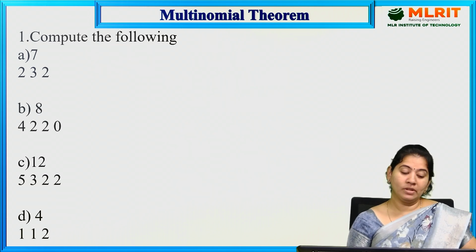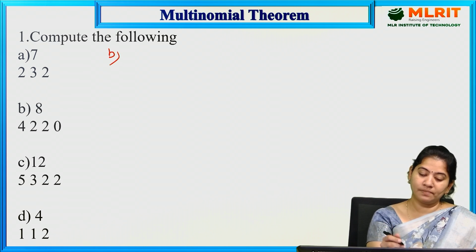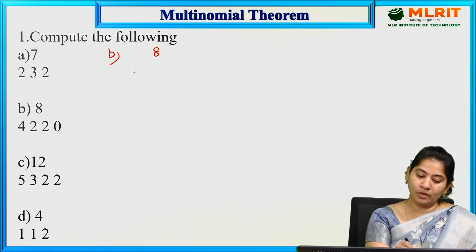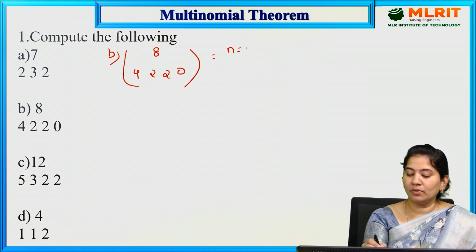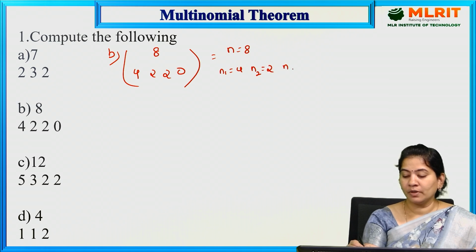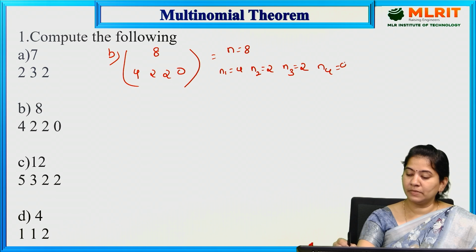Next, if you go to the second problem, B is 8; 4, 2, 2, 0. So n is equal to 8, n1 is equal to 4, n2 is equal to 2, n3 is equal to 2, and n4 is equal to 0.